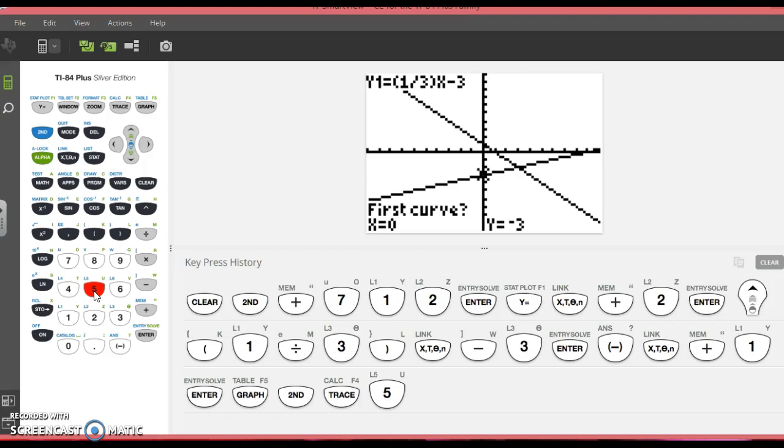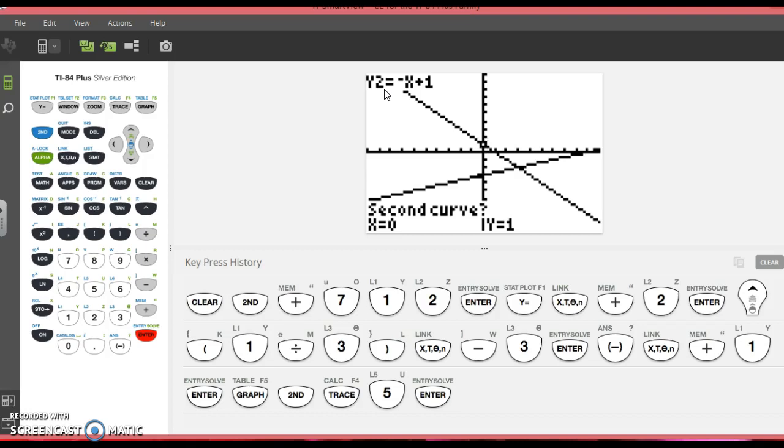All right. So, first curve. By the way, look, guys. Hey, stop talking. Do you see this flashing cursor? It is on the first line, which look right up here. Y equals 1/3 x minus 3. Hit enter. See how it jumps to the second curve?